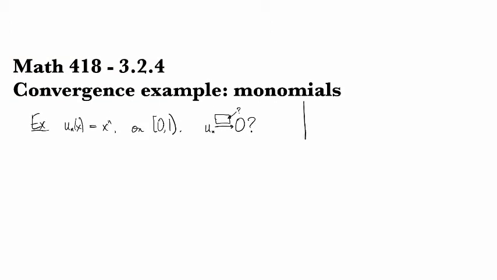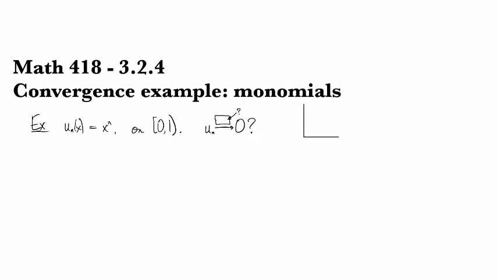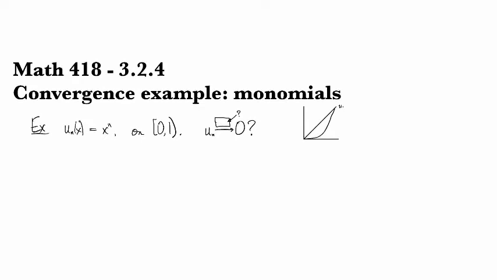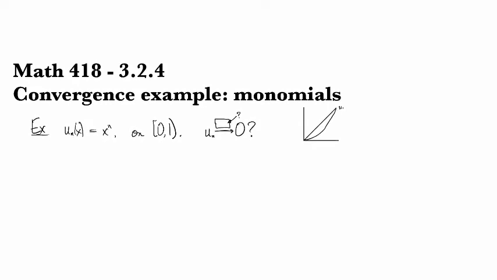And so just to make things a little bit more concrete, let's take a look at these functions. So u1 is going to be the function x. u2 is going to be a parabola. Let me draw that a little better. There we go.